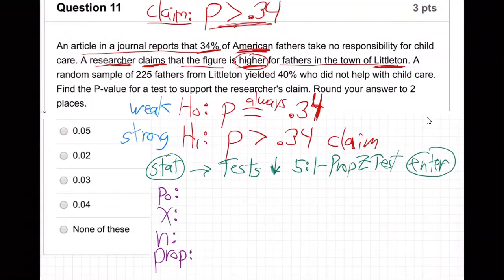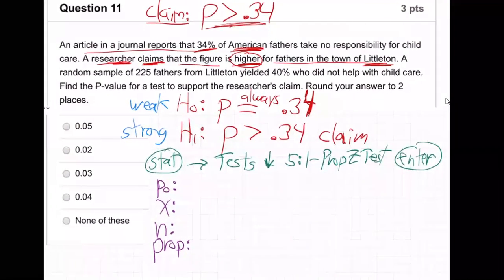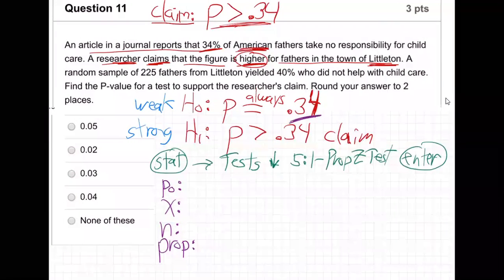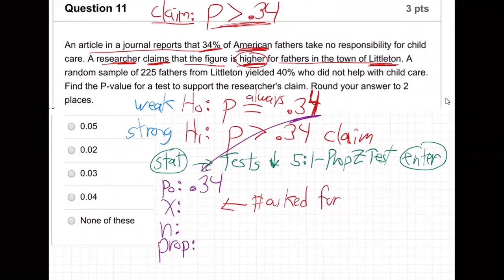Okay, so what is p0? That's always the number by H0. We know that. 0.34. x, what's x on this one? x is always the number being asked for. What number is being asked for?